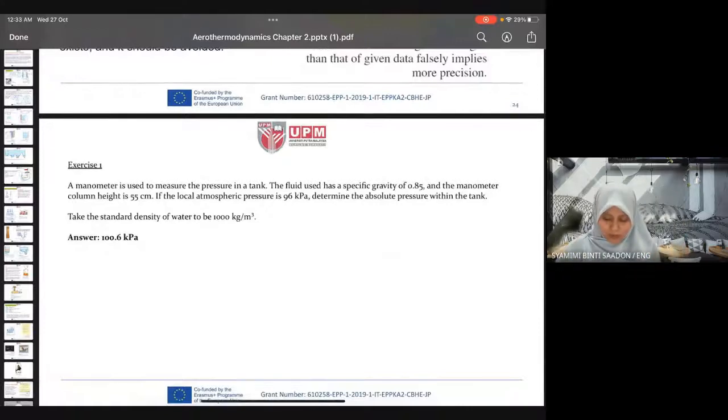So first one, what do we have to do first? The first thing is very simple. It says here specific gravity of 0.85, and the density of water is 1000 kilogram per meter cube. So first, we calculate the density of the fluid. A manometer is used to measure the pressure in a fluid. It doesn't specify here which type of fluid, so you just calculate the density of the fluid.